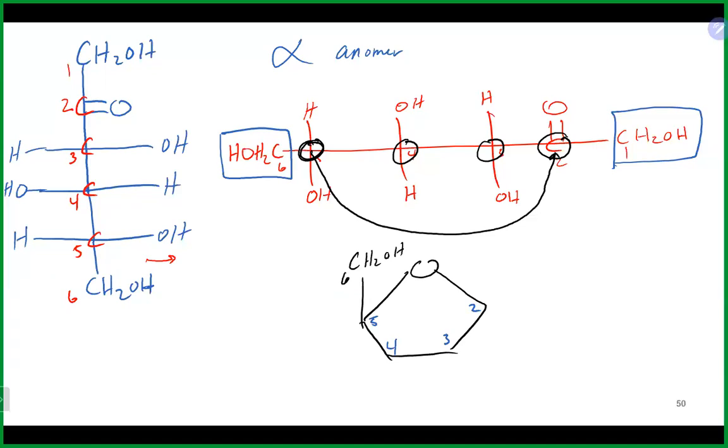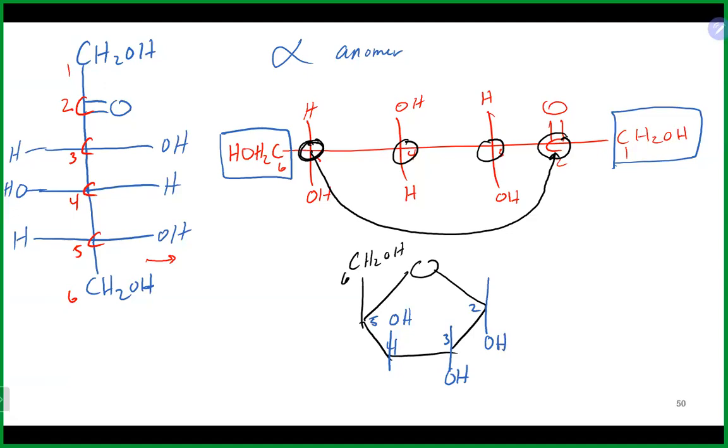So we're going to finish it just like we normally would. Once again, we're going to skip that 5th carbon that makes the ring come together. We're going to go to the 4th carbon there, and our OH group is upward here. Our 3rd carbon, our OH group is downward. And now our last OH group, because it's alpha, should end up at our 2nd carbon going downward.